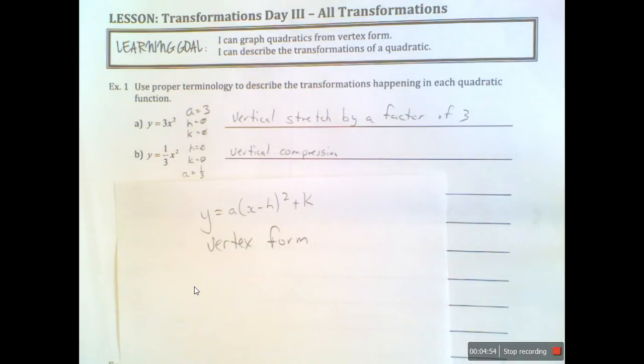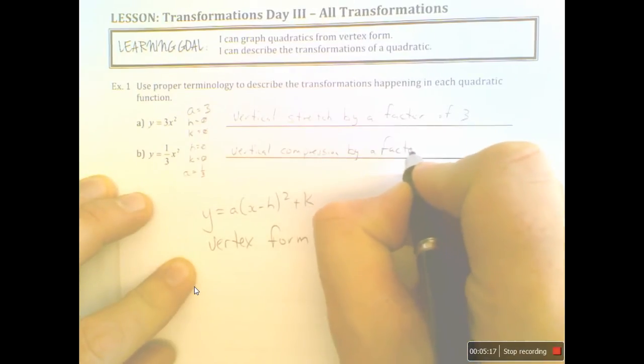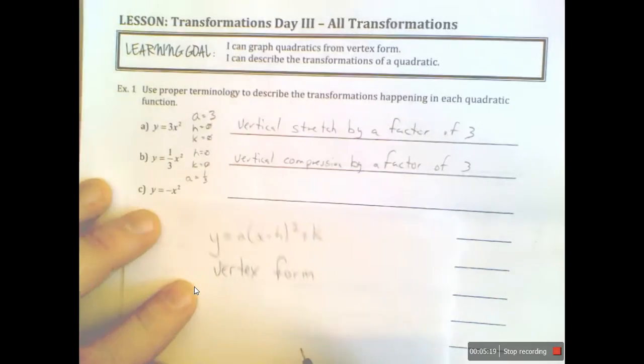You can say it both ways. Okay, so vertical compression by a factor of 3.